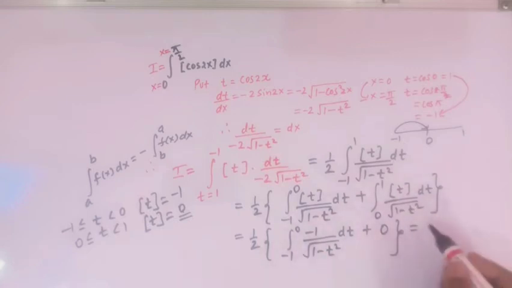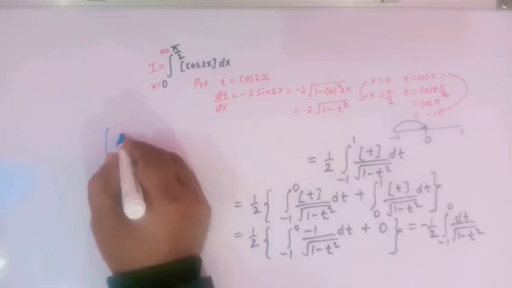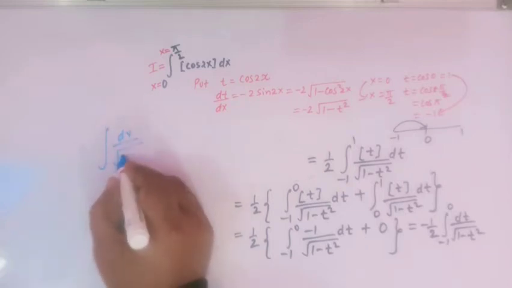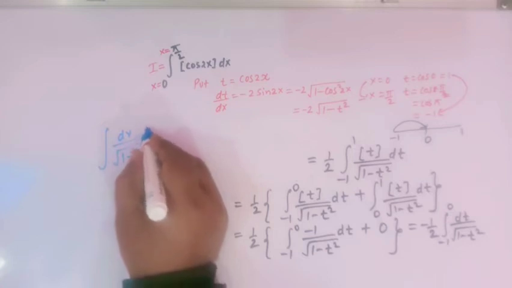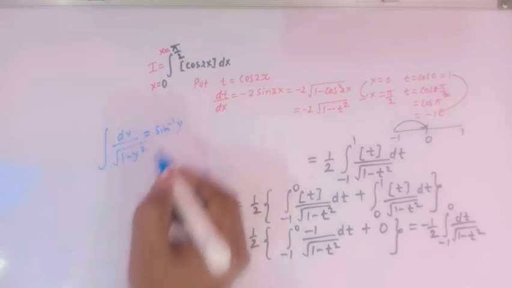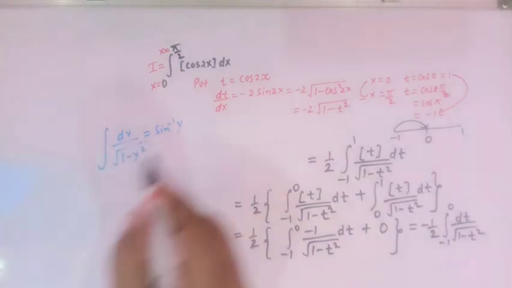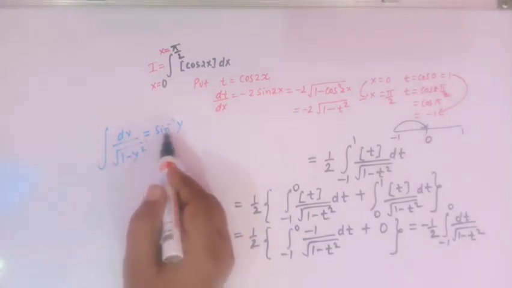So we are left with minus half, and we have the integral from minus 1 to 0 of dt over square root of 1 minus t square. Now to evaluate this integral, we know the standard result that the integral of dy over square root of 1 minus y square is sine inverse y.